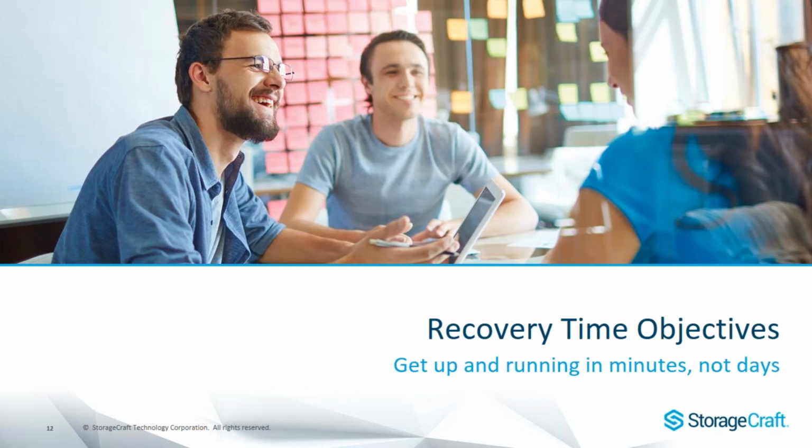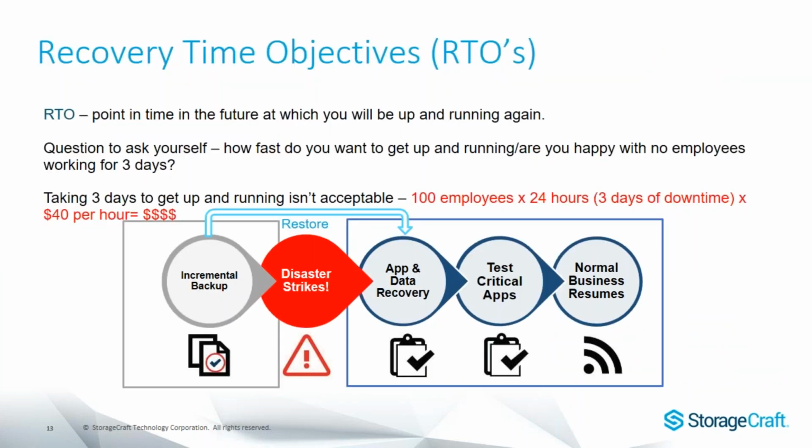Next, we'll talk about recovery time objectives. The idea of the recovery time objective is we want to get up and running in minutes as opposed to days. An RTO is a point in time in the future at which you'll be up and running again.